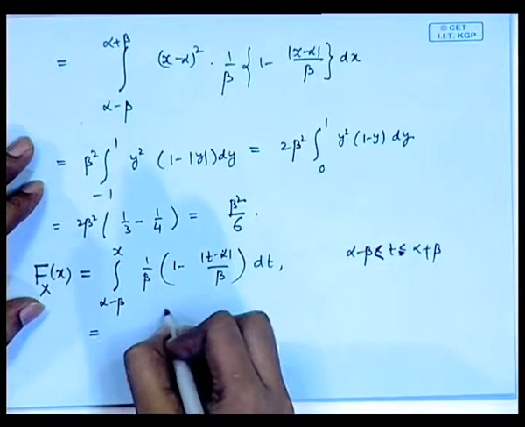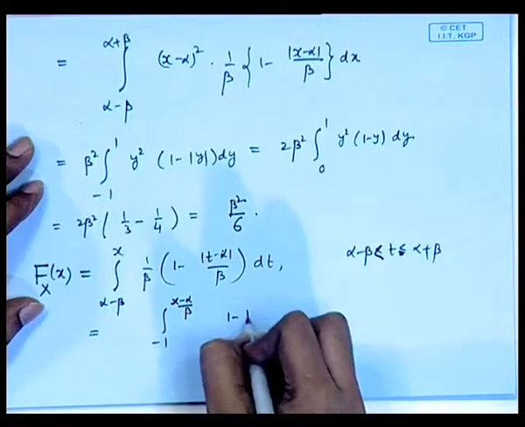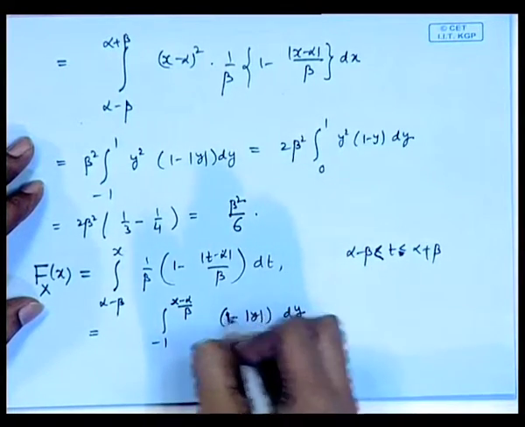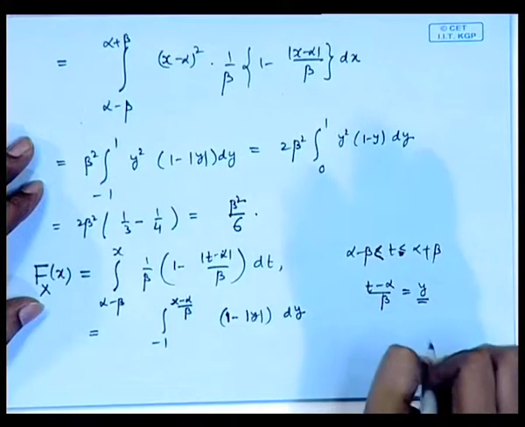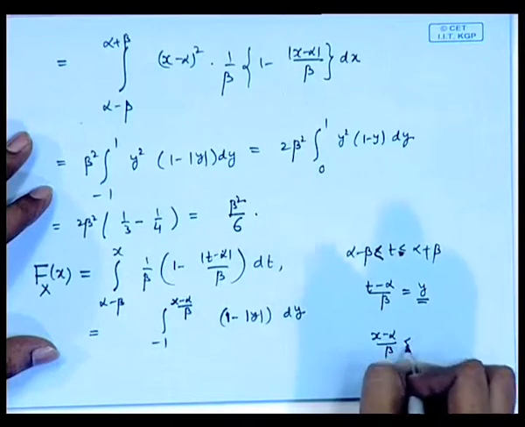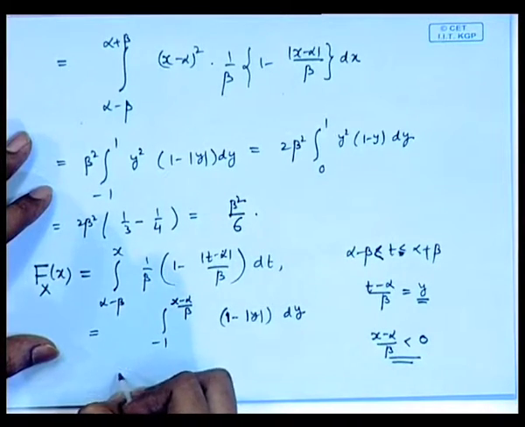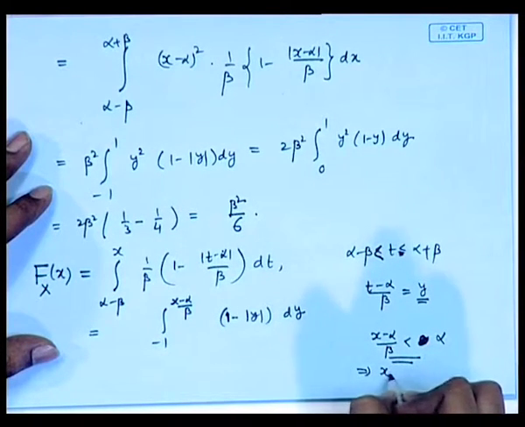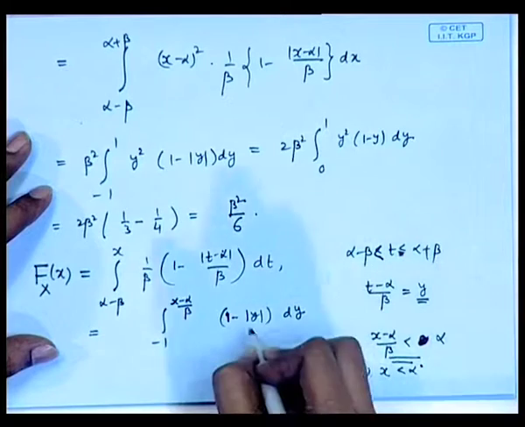By considering the transformation t minus alpha by beta equal to y, this becomes the integral from minus 1 to (x minus alpha) by beta of 1 minus modulus y dy. Now, there are two cases.